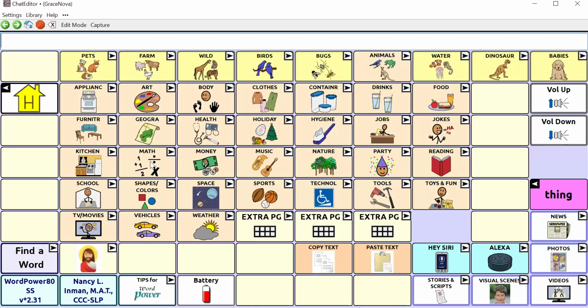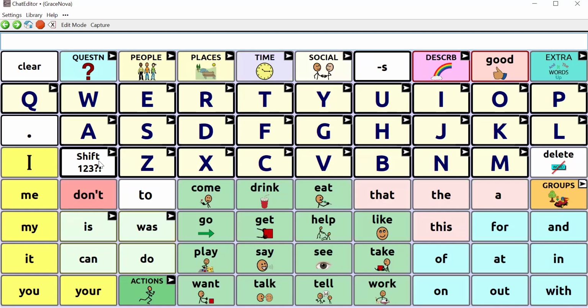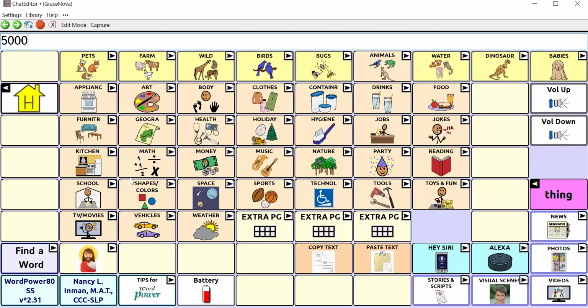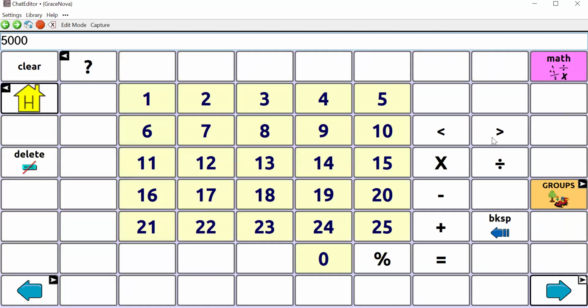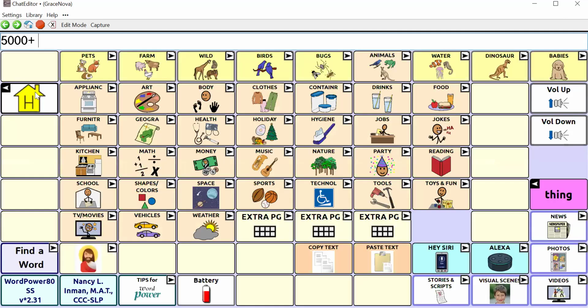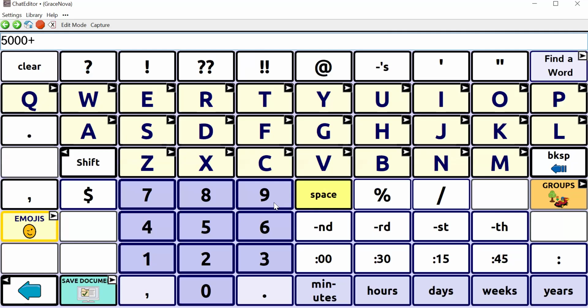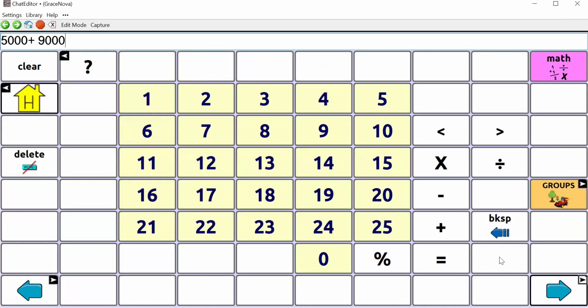So we'll have to go back to the QWERTY and do 5,000. And then addition is not there. So we're going to go over here. Plus, and then back to here. 5,000 plus 9,000. And then to say equals, you got to go here.